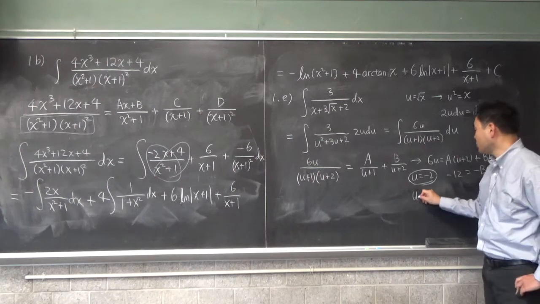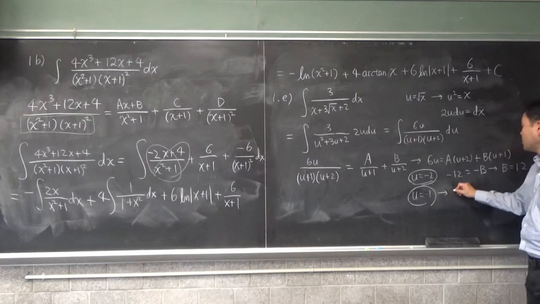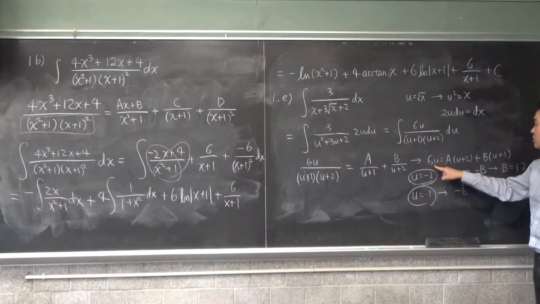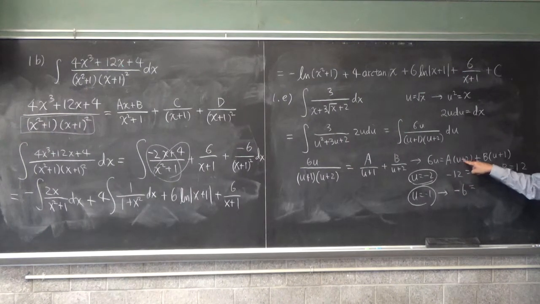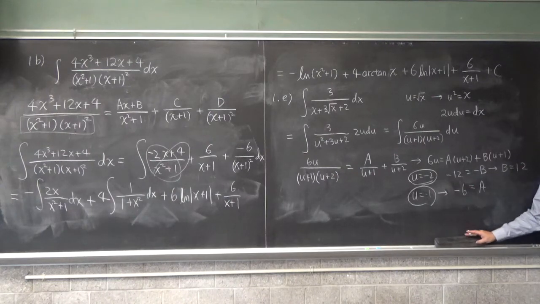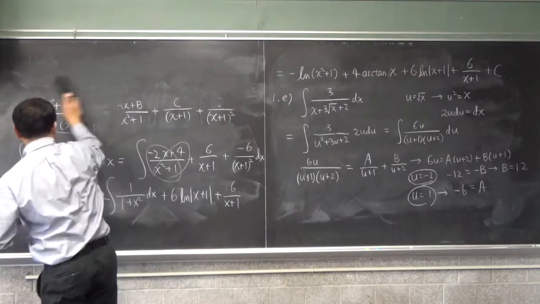And when you plug in u equals negative 1, this gives you negative 6. 6 times negative 1 is negative 6. Negative 1 plus 2 is positive 1, so you just get a. Negative 1 times negative 1 plus 1 gives you 0, so that goes away. So a is negative 6.